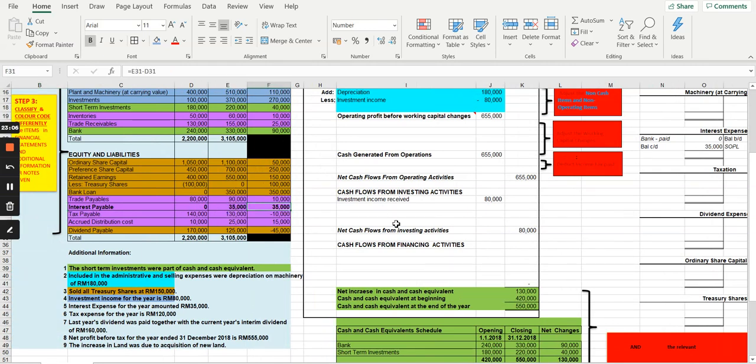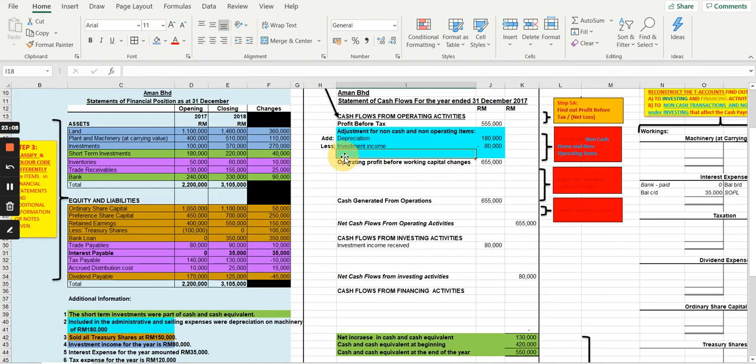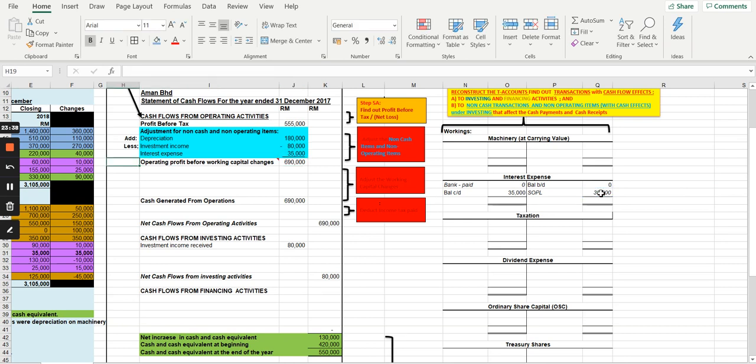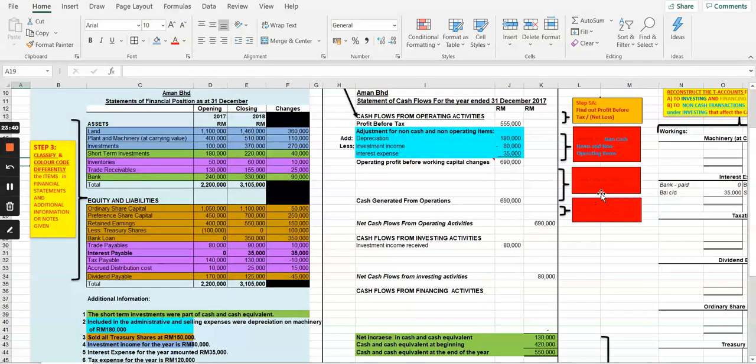So there is no interest paid, but there is just an adjustment for a non-cash, non-operating item, which is interest. So we need to put here the interest expense. The interest expense here is the same 35,000, meaning that you can just take from your figure here. Yes. Then we are done with that.